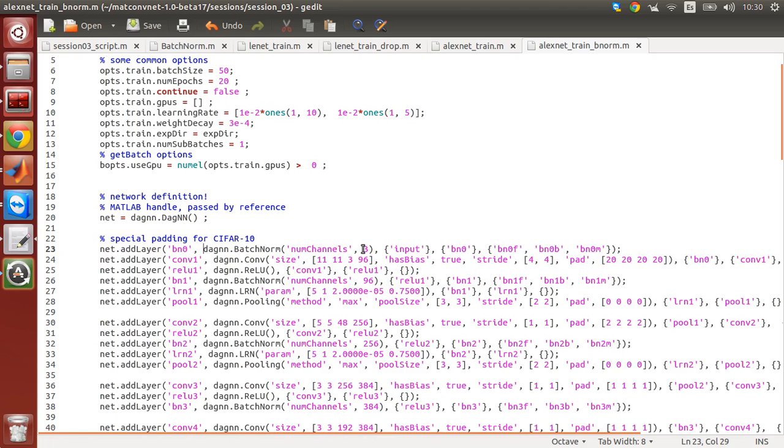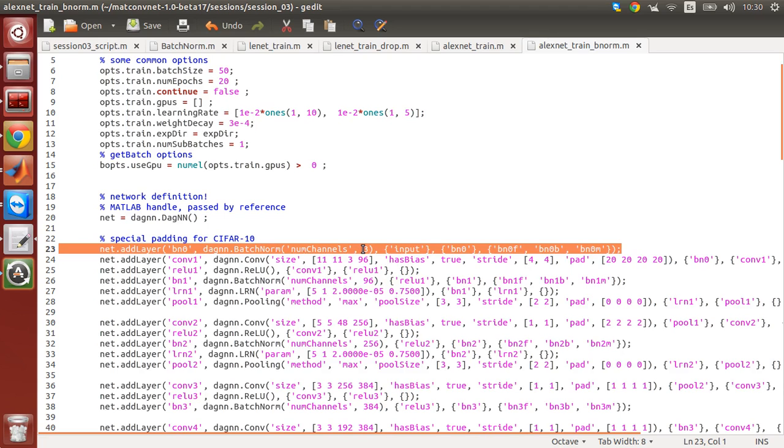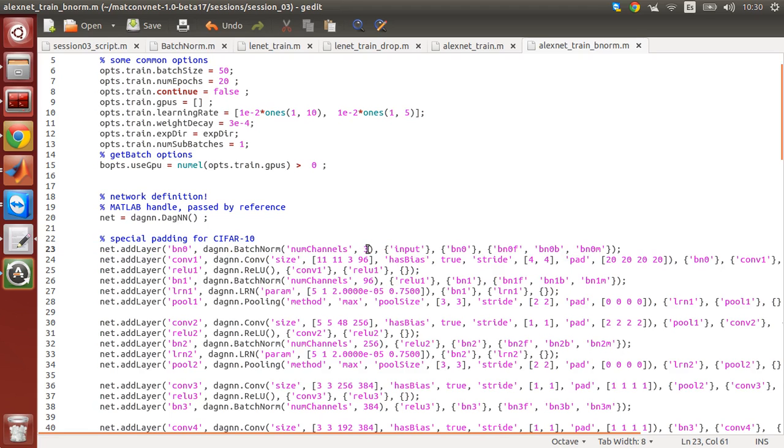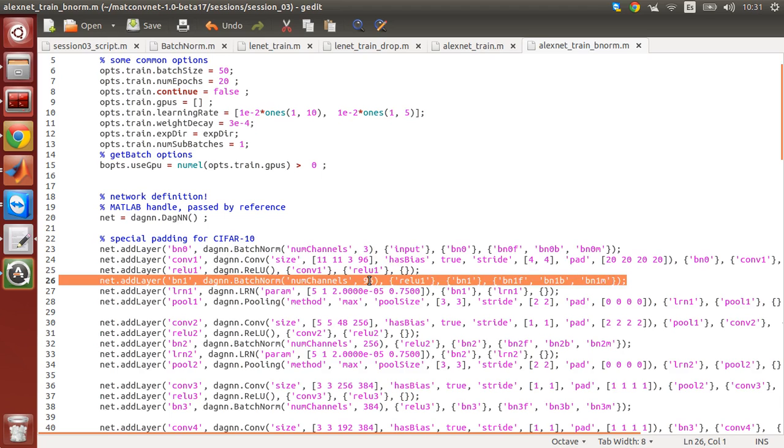For example, if we set a batch normalization layer at the beginning of the net, it's going to receive the input images that have 3 channels, so we need to indicate that the number of channels is 3. And then we're going to set up a batch normalization layer after each ReLU. So we have one after ReLU 1 with 96 channels, matching the number of output channels of the last convolution. We have one after ReLU 2, again matching the number of output channels.